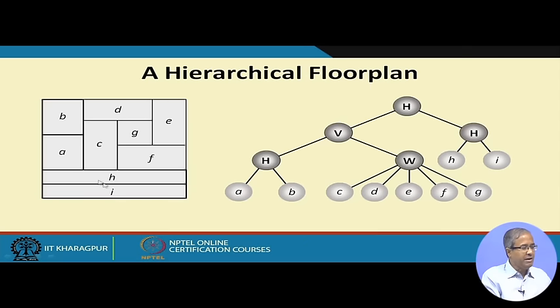So, a wheel in a floor plan is represented by a vertex with 5 child nodes. Like you say, this represents a wheel in this floor plan, C, D, E, F, G. So, C, D, E, F, G represent a wheel, but once you define it as a wheel, the rest can be sliced.